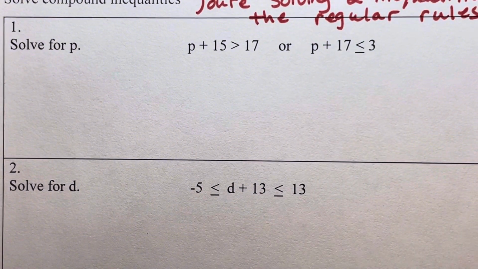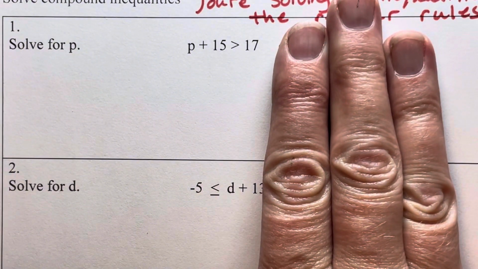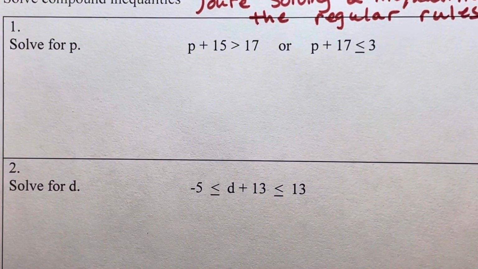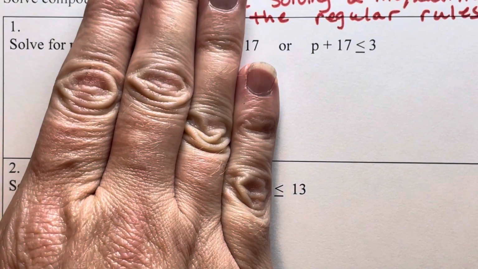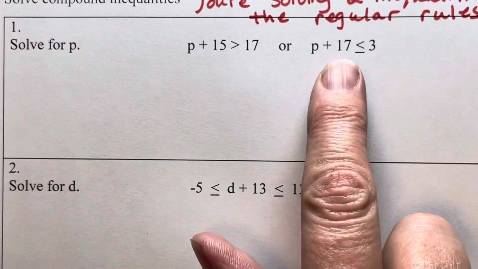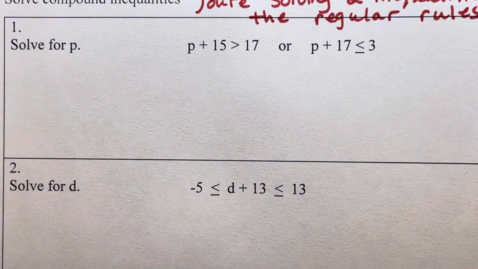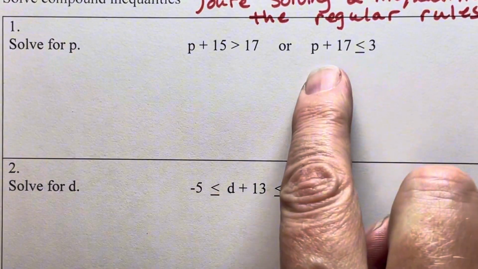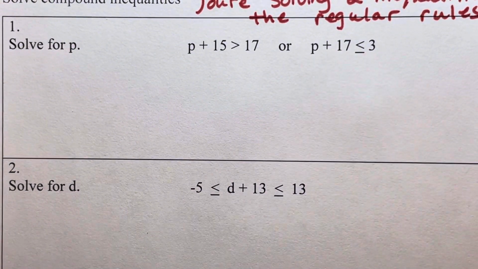So if it helps you to just cover one of them up so that you can then solve for the one that's visible and then cover the first one up, and solve for the second one, then that's fine. Or use two different colors. Something simple just to help your brain realize that we're solving for p over here, and then we're going to do it all over again over there.